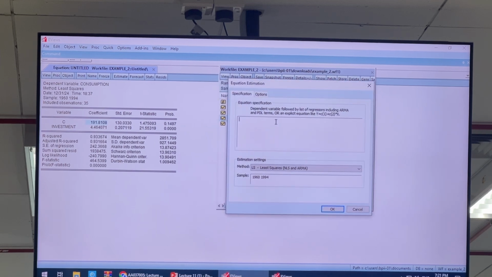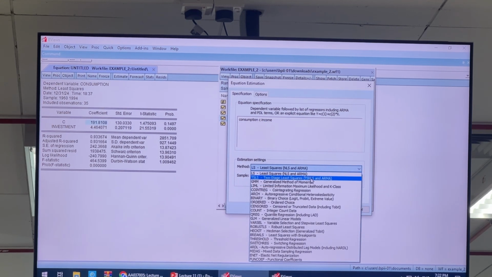C, this one is consumption, C and income. Select two-stage least squares.